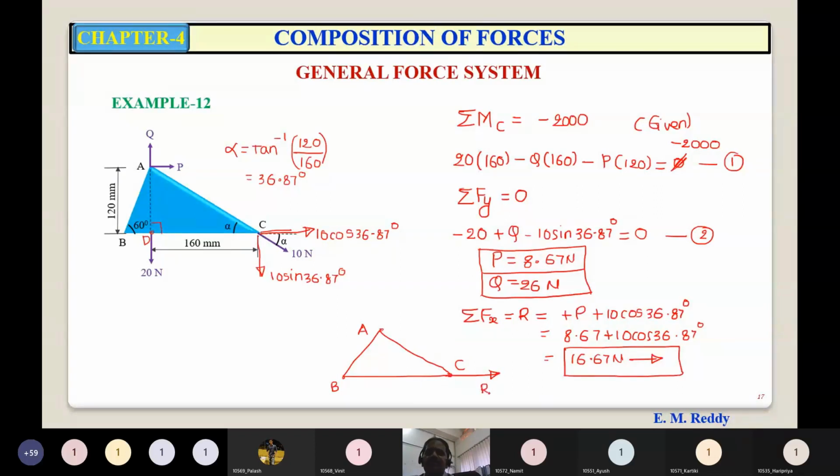Resultant force 16.67, and that one moment is the resultant moment. This is summation MC, which is 2000 clockwise.